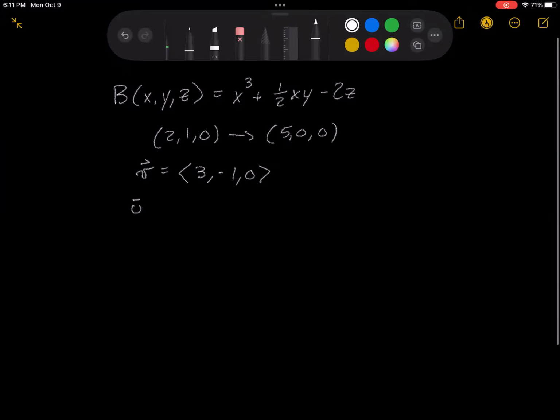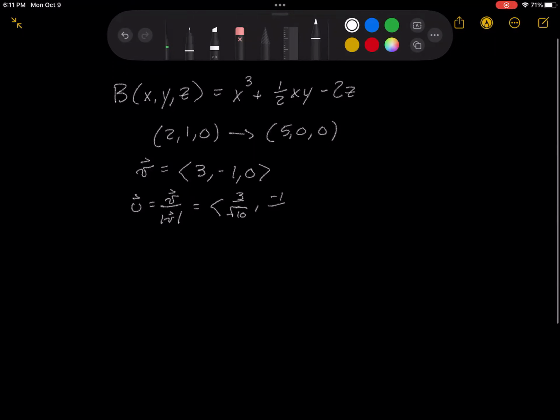So the unit vector is going to be this vector v divided by its norm, which if you go through this, we get (3 over root 10, minus 1 over root 10, and 0).